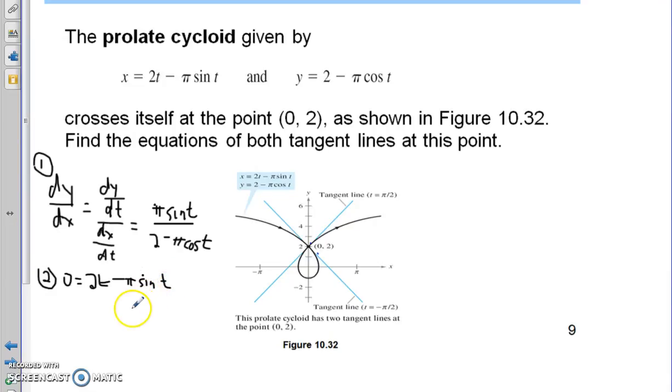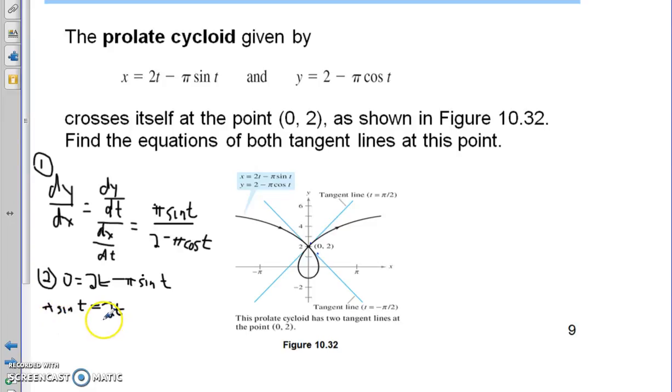That looks fairly complex. If we try to solve that, I can add this. I get pi sine t is equal to 2t. Sorry for the bad writing.